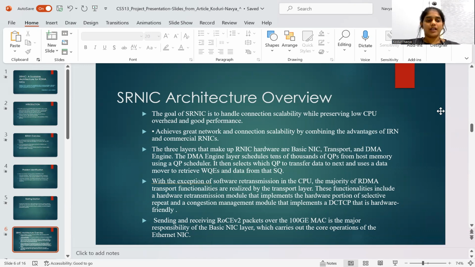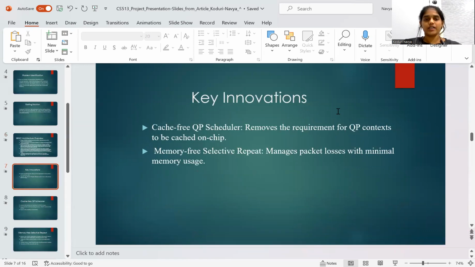Let's go to another slide, that is the key innovations. It mainly focuses on two key innovations: cache-free QP scheduler and memory-free selective repeat. Firstly, let us discuss the cache-free QP scheduler.